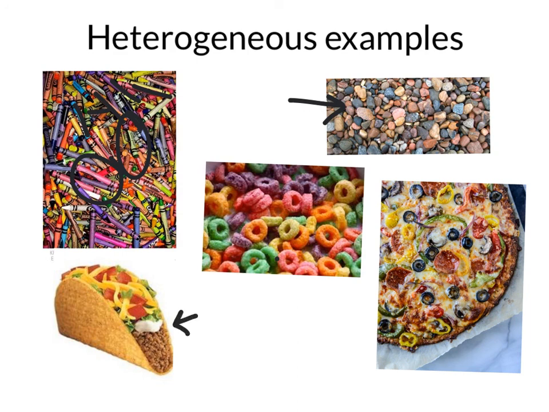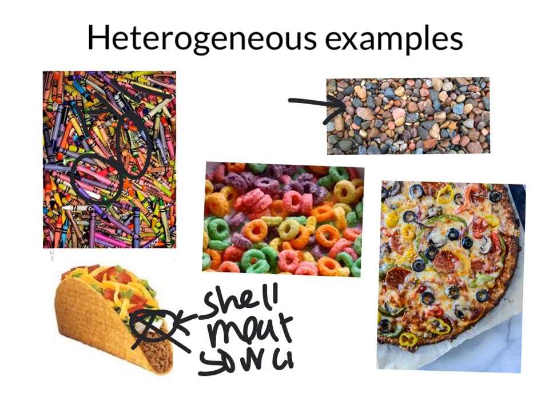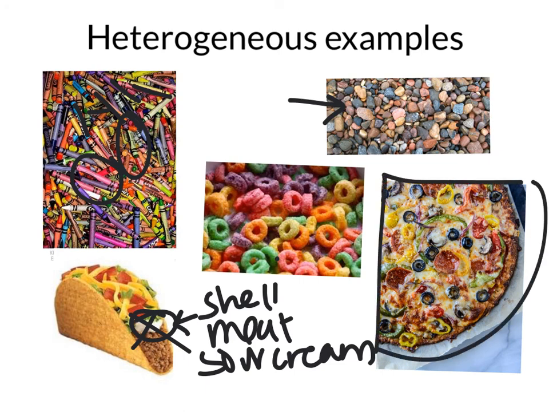I can pick the shell off, I can pick the meat off, I can pick the gross sour cream off, I can pick all that stuff off. That's a mixture. Also, this pizza looks amazing. You can pick off these gross banana peppers. You can pick off these black olives if you don't like those. These are heterogeneous because they are different pieces that make up that mixture.